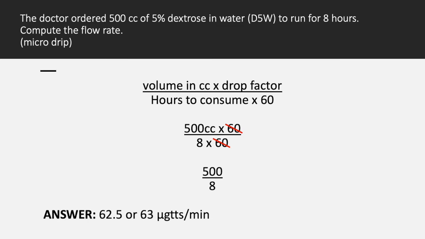So, the answer is 62.5 or 63 microdrops per minute. You have to count 63 microdrops in 1 full minute, or you can divide it by 4 for 15 seconds counting.